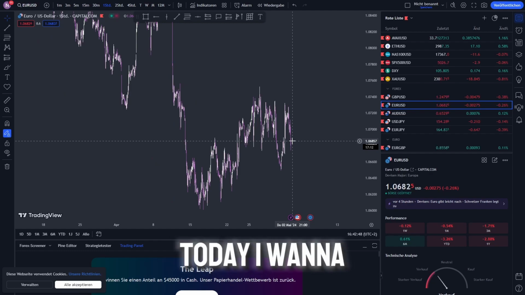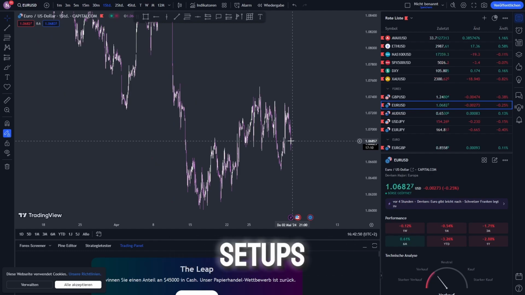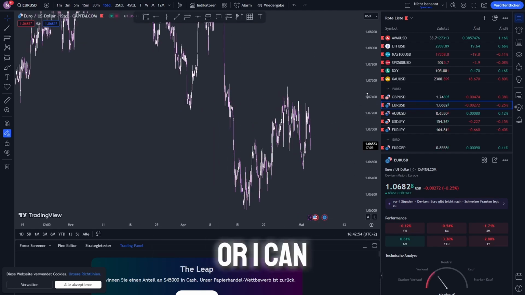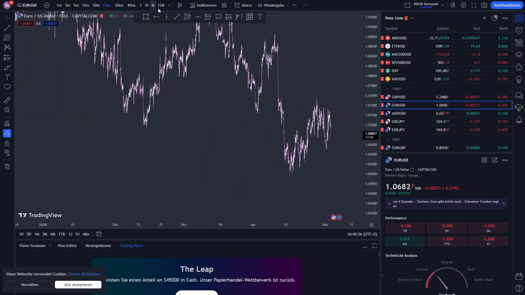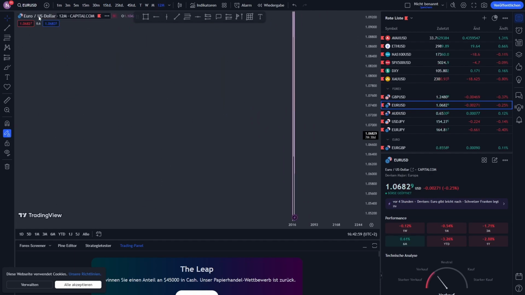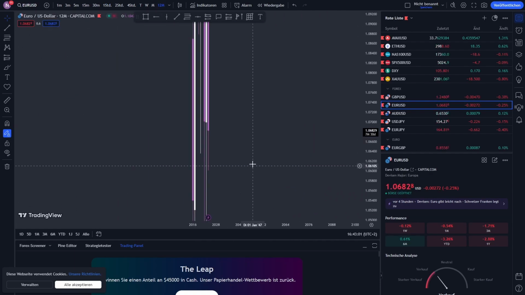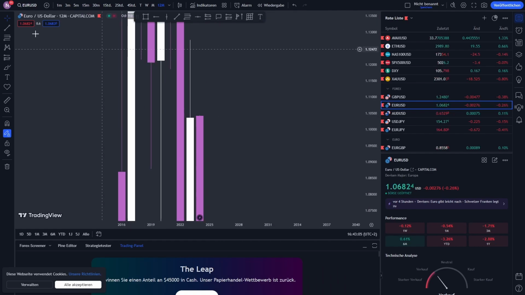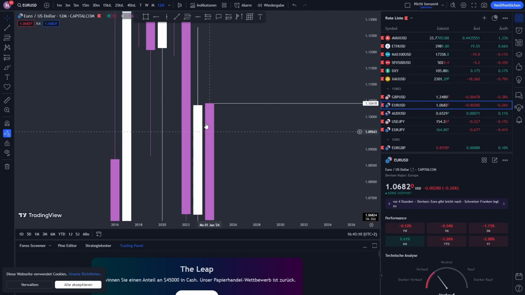First of all, today I wanna go over how I see my setups and how I know if it's actually a valid setup or I can trade this pair right now. The first thing I always do is, for example, I will just use Euro US dollar now. I will just go here and I will mark out the opens. Means I will mark out the yearly open here because the candle started here.